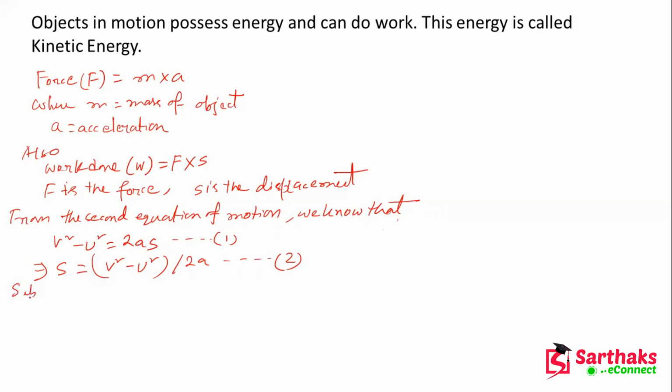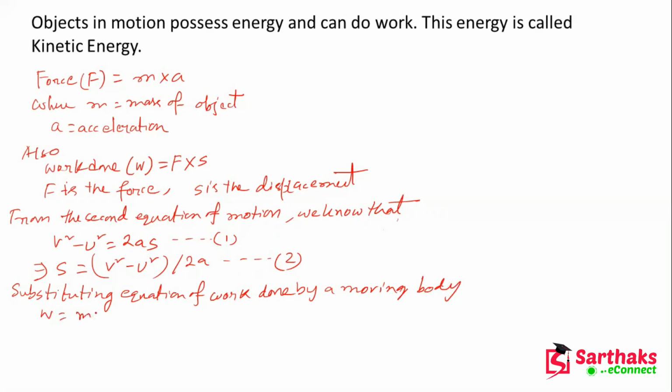Now substituting in the equation of work done by a moving body, W equals m into a into s, where s is v square minus u square whole divided by twice a. Let it be equation number 3.